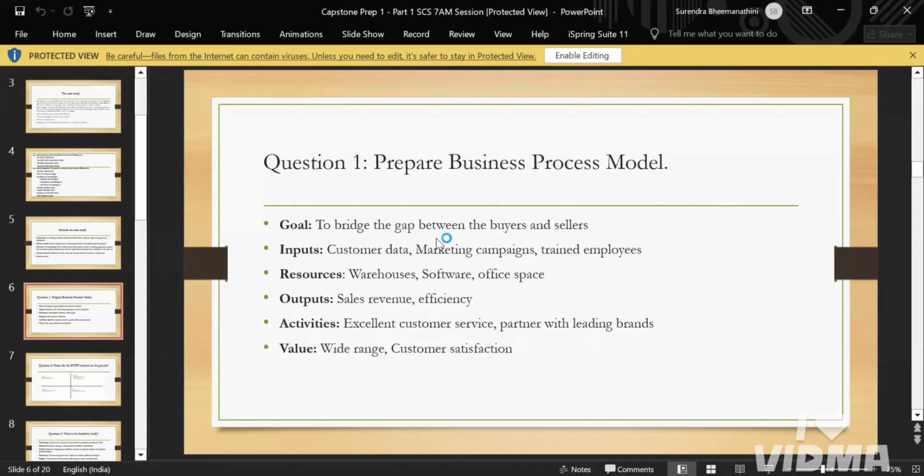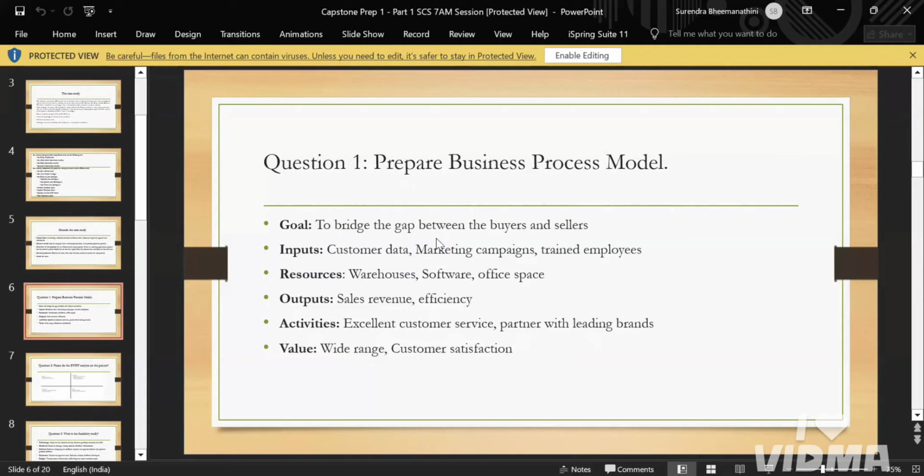We need to tie up with fashionable clothing brands like H&M, and we have a few brands, Gucci or something, whatever it is. So we need to tie up with them. And the last thing is the value: wide range and customer satisfaction.